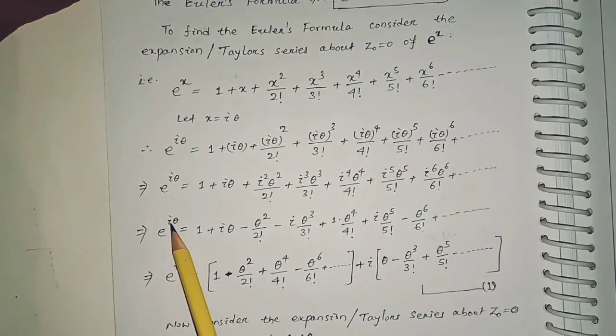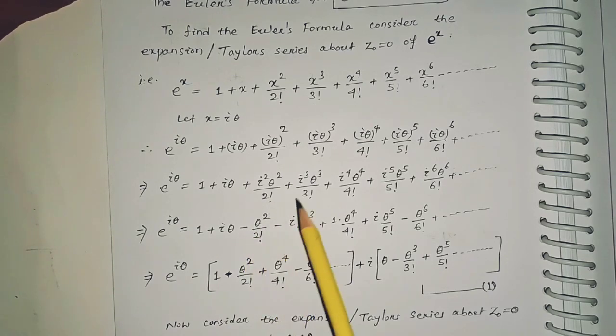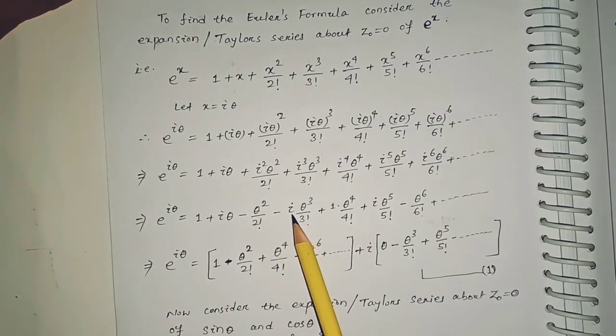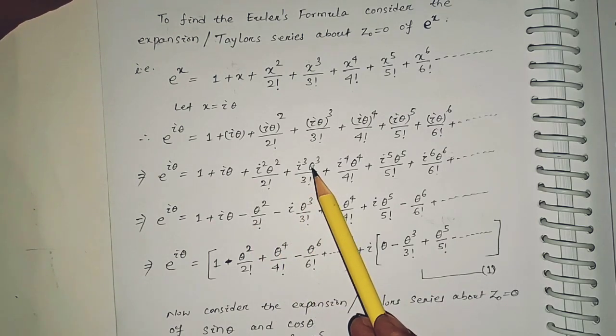That implies e to the i theta will be equal to 1 plus i theta. Here you can see i square is nothing but minus 1, so it will be minus theta square by 2 factorial. i to the 3 is nothing but minus i, already we have discussed, you can check the previous lecture for nth power of i.